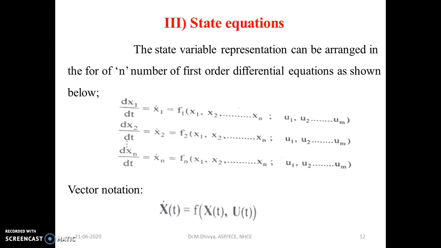Since the state variables are dependent upon time, it is given by dx1 divided by dt is equal to x1 dot, equal to a function of state variables and input variables.